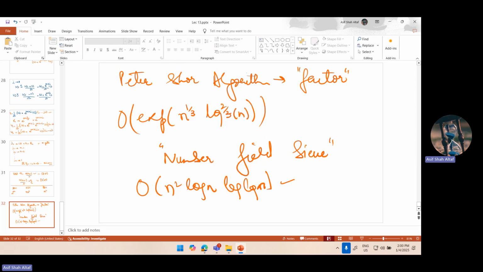So this is one such application of the quantum Fourier transform. Apart from it, there are many other applications, like the order finding problem or phase estimation, which we will see in the next few lectures.